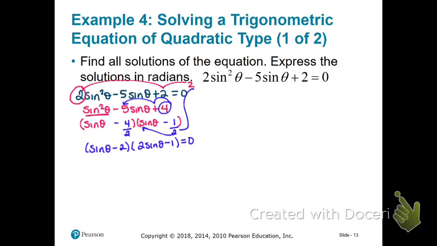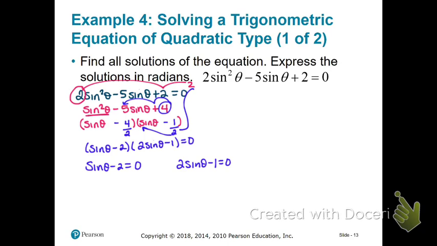All right, so now that we got it factored, what do you think we're going to do? What we always did before, set them each equal to 0 and solve. So you have sine of theta minus 2 is equal to 0. And your 2 sine of theta minus 1 is equal to 0.